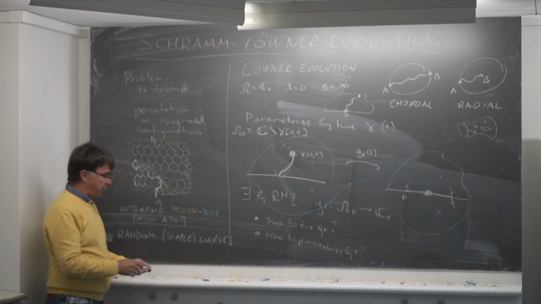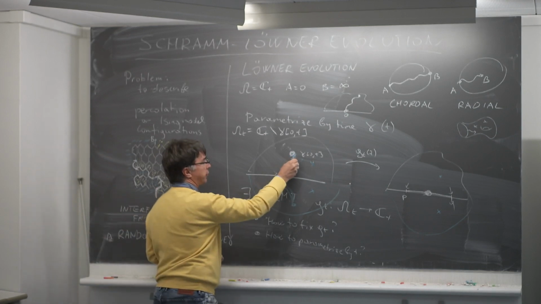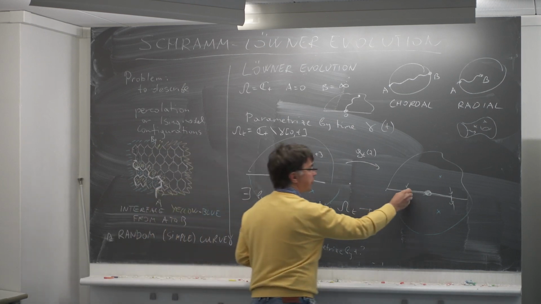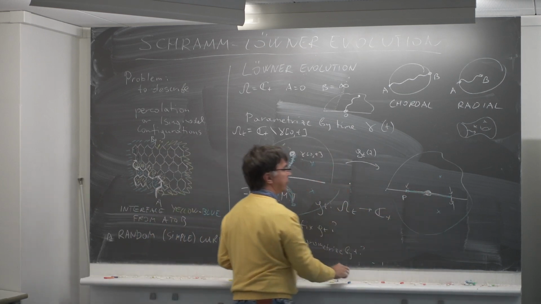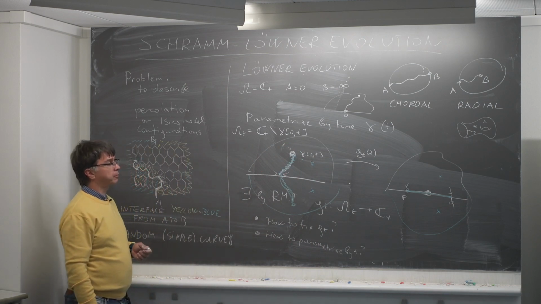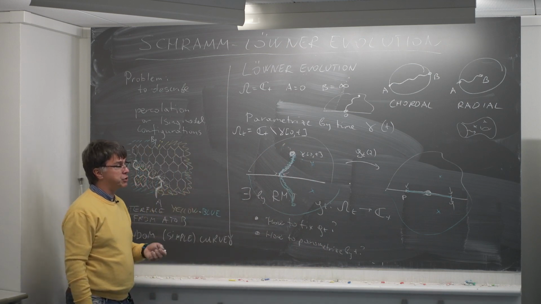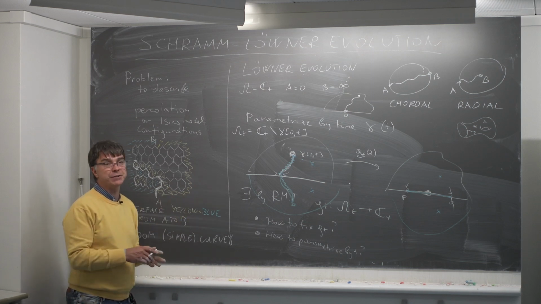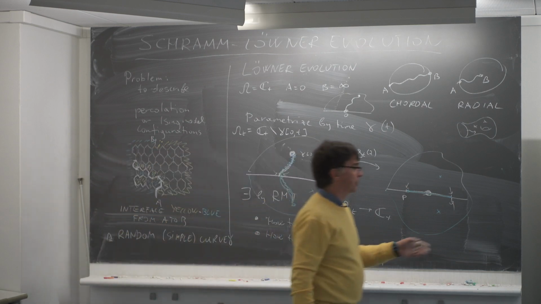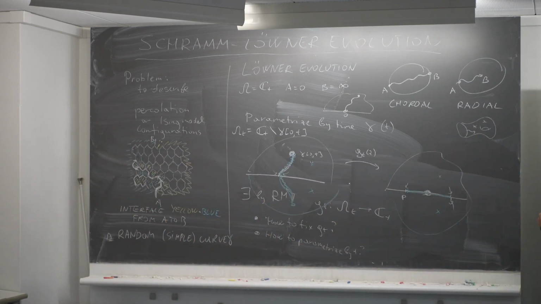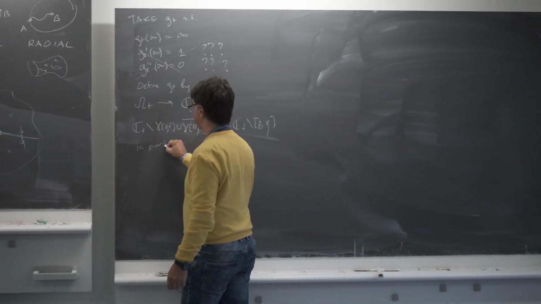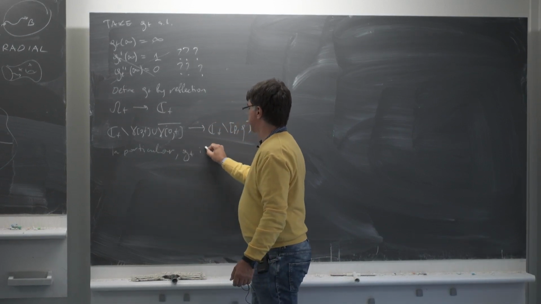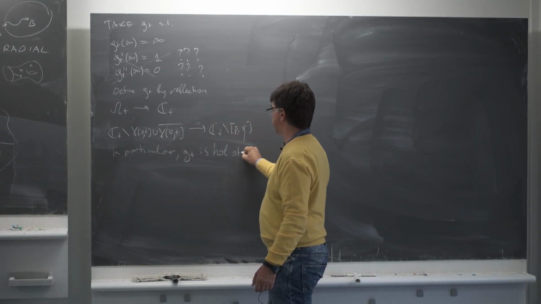And we get an analytic map which maps everything outside this curve and its mirror image to everything outside the image of the curve. So in particular, this map gt is analytic at infinity, so the derivatives do make sense. In particular, gt is holomorphic at infinity.